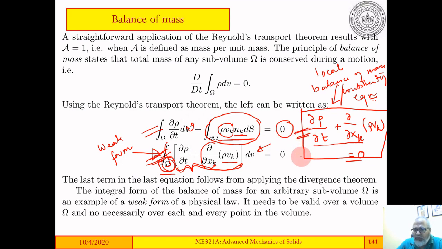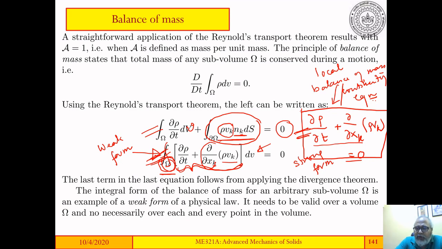This is known as a strong form. This is the strong form or local form, which has to be valid at each and every point. It is much less forgiving, whereas the weak form is much more forgiving than this. Both obviously say the same thing, that mass can neither be created nor be destroyed.